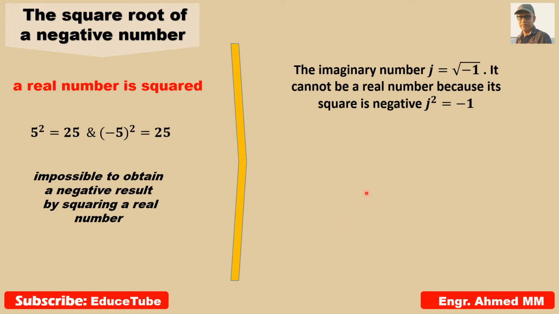It has a special property that its square is negative. And also it cannot be a real number because its square is negative. So here I have written j square equal to minus 1. Very important properties.